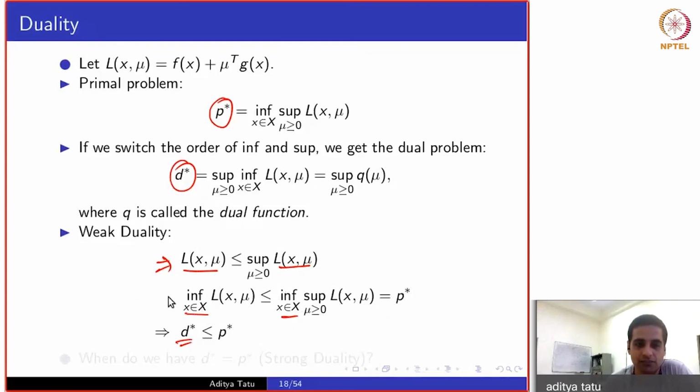By taking a supremum on the left hand side, I'm still not going to violate this inequality. This d star, which is the solution to the dual problem, is always going to be less than or equal to p star, the solution of the primal problem.